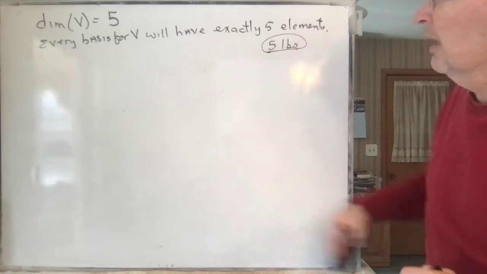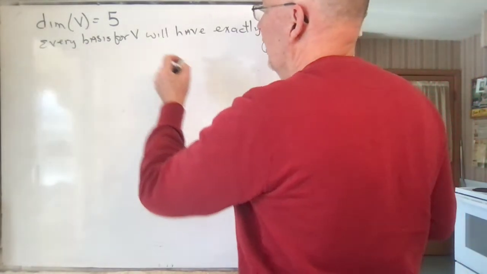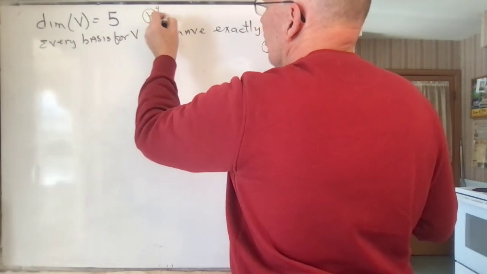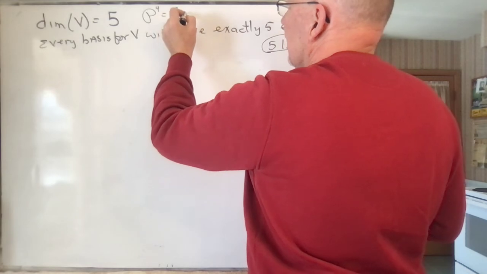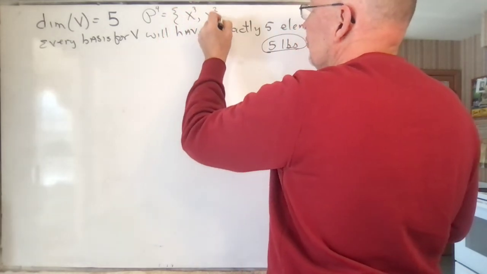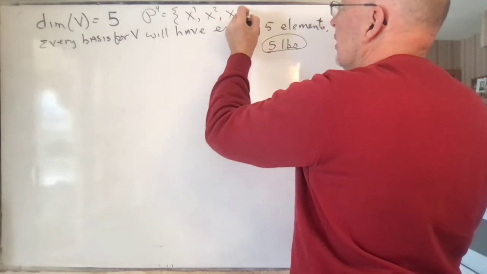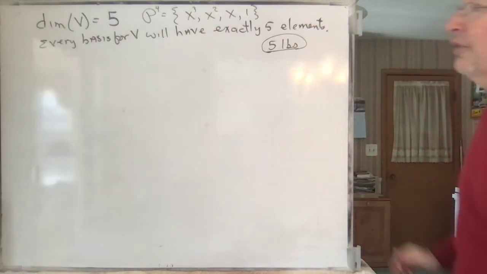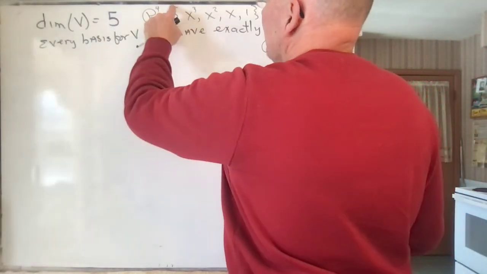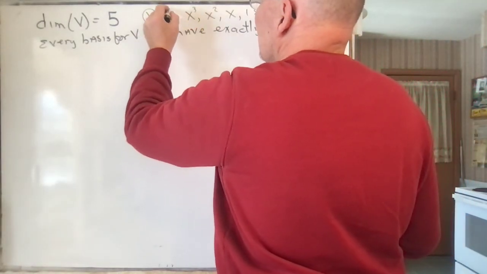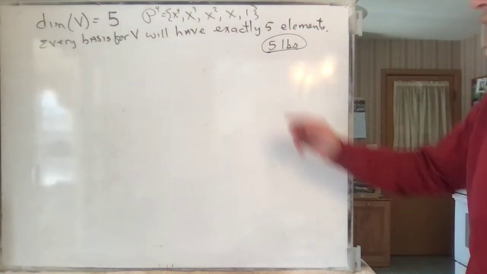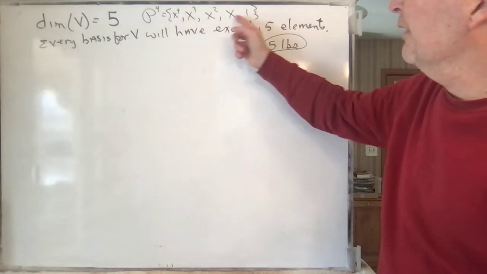We can think of it that way, or let's think of our polynomials again. Let's take P4, which would have this as your basis. There's a basis for P4, the polynomials up to 4th degree. Notice it has 5 different elements in it.